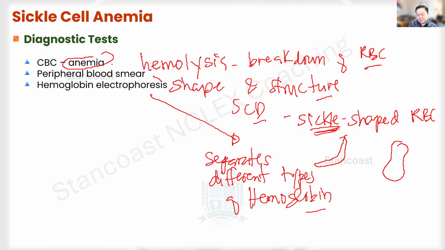Let me say that again. The hemoglobin electrophoresis is a diagnostic test that will allow the separation of the different types of hemoglobin based on their electrical charge. And so what will be seen in a patient with the SCD, or the sickle cell disease?